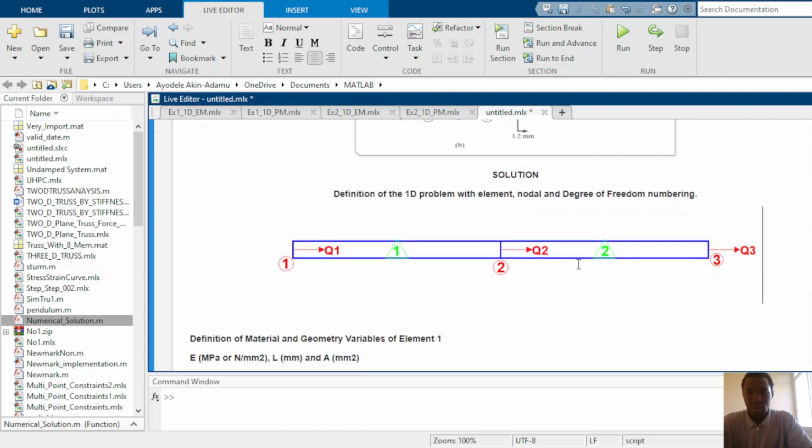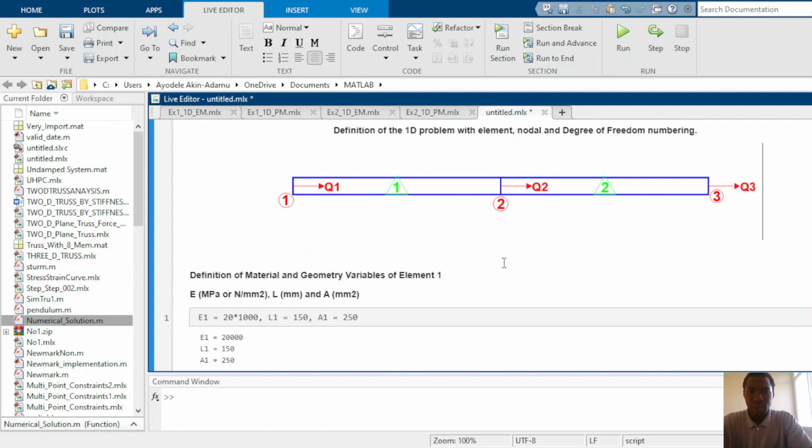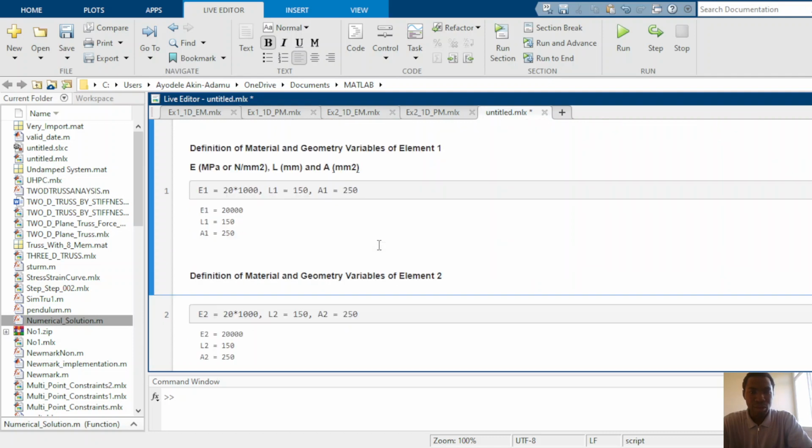Once you have broken down your body into finite elements, you need to define both the geometric and the material property of each finite element. That's what I did using this Matlab code. E1 is the Young modulus of finite element 1.